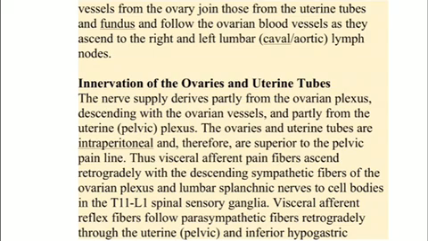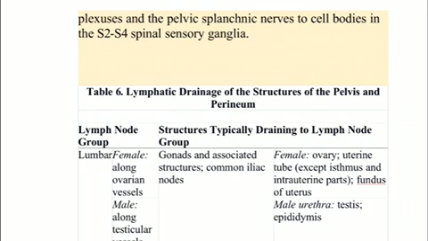You also have visceral afferent reflex fibers which follow parasympathetic fibers also retrogradely through the uterine or pelvic and inferior hypogastric plexuses. And there are pelvic splanchnic nerves that the visceral afferents also follow, and these fibers eventually go to cell bodies in the S2 to S4 spinal sensory ganglia.